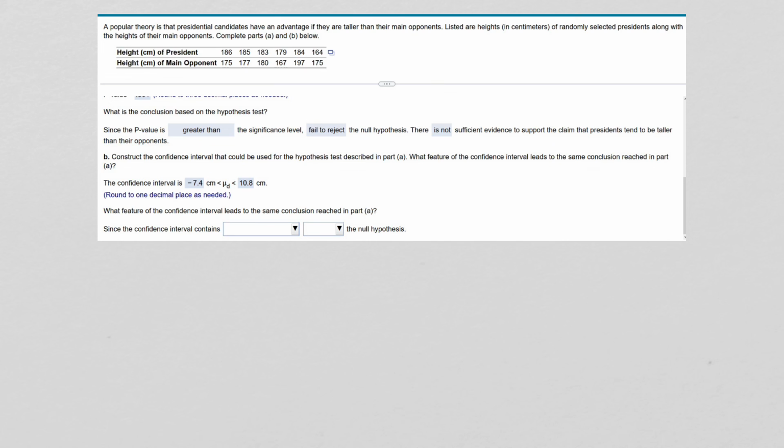Since the confidence interval contains 0, so the other options were only negative values or only positive values, but this confidence interval does contain the value 0, so that's why we would fail to reject the null hypothesis, just as we did in part A. And that's how you do that problem.